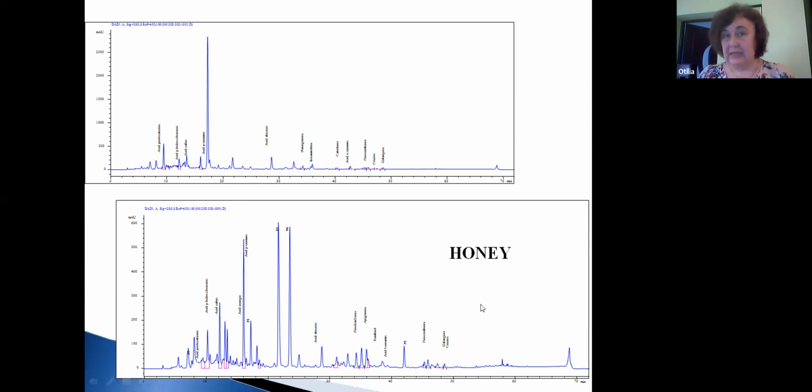What you can see here are two chromatograms from two types of honey. So different substances can be found in different types of honey, from which derives the different biological activity of a certain type of honey.